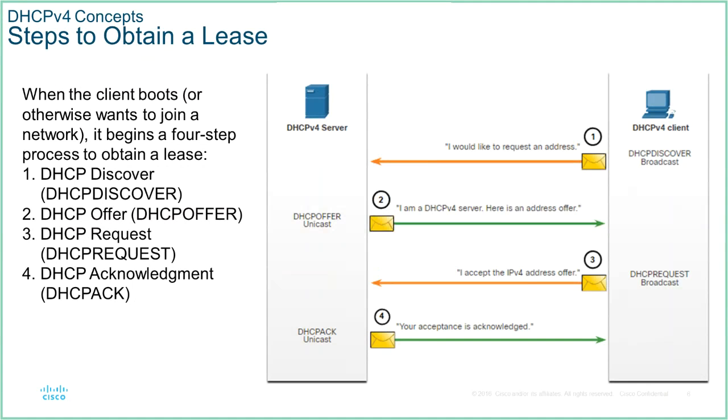And then generally it will be the first offer that they receive. The client will send out a request and the server will acknowledge that request, saying, yes, you can use that lease and here's all the final details. Basically, that's what the acknowledgement is saying.